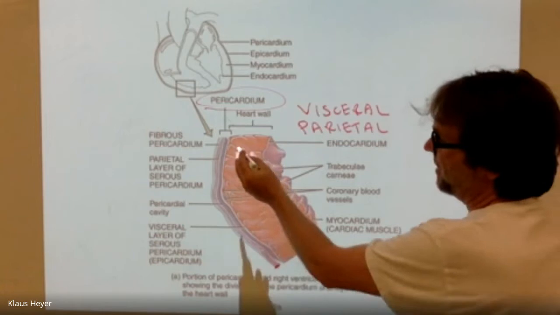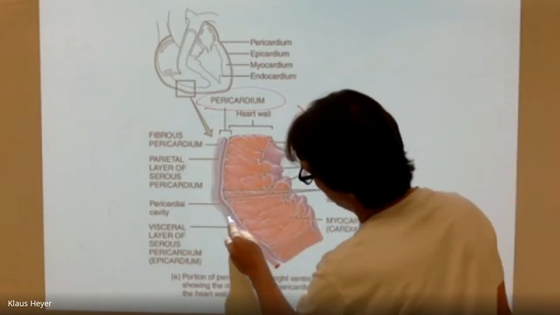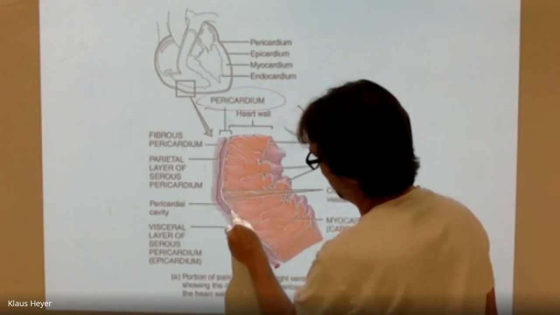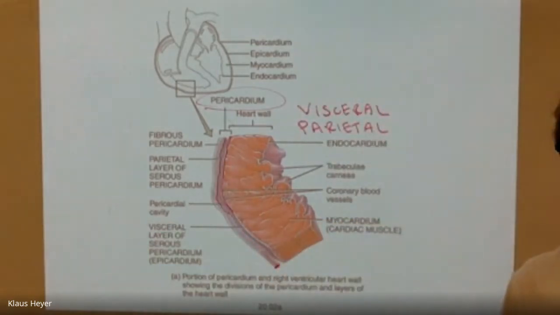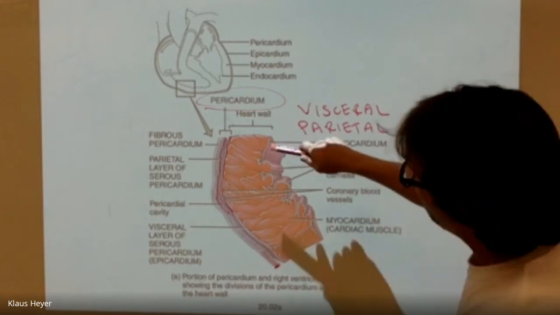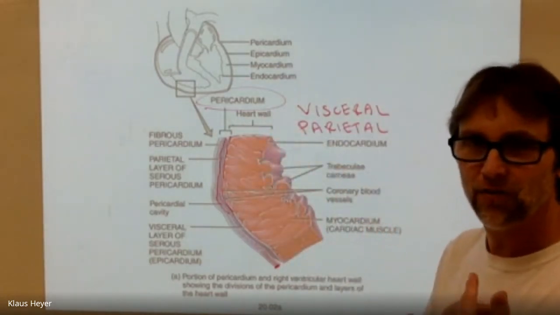So right here, I'm just going to outline it in red. I've got these two layers. Between those two red lines, one of those red lines is closer to the heart, so we know that's going to be the visceral layer.